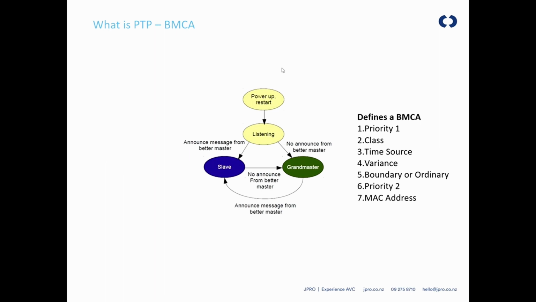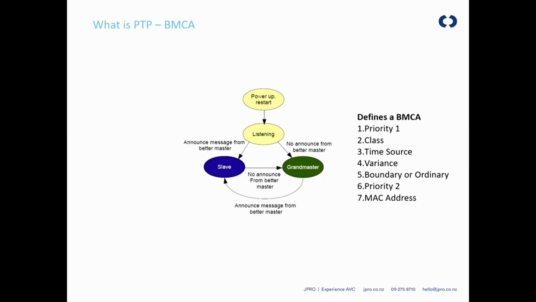What happens is that when you power up a device or restart a device, it goes into listening mode. Then it sends an announce message looking for a better master, and if it doesn't receive any response, it will elect itself as the grandmaster. You will see an announce message fly over the network asking, is anybody the master around here?